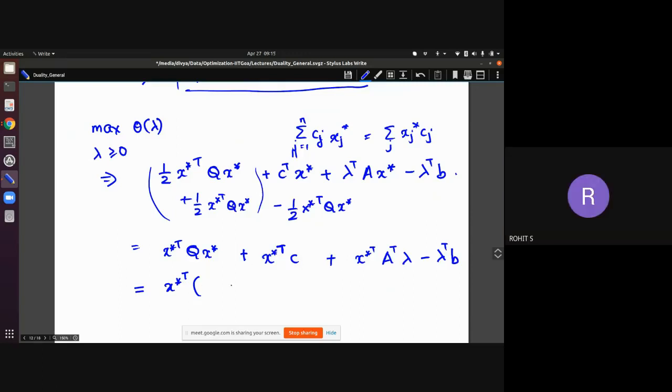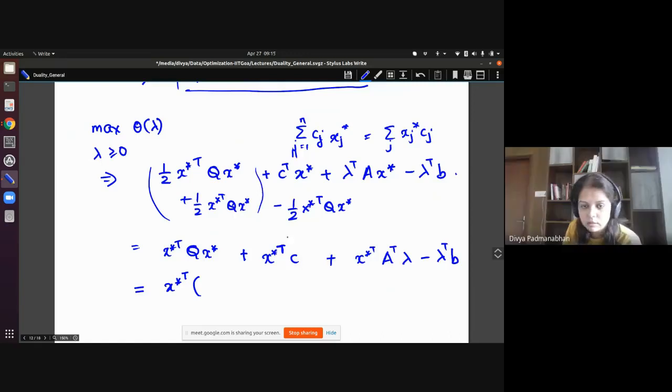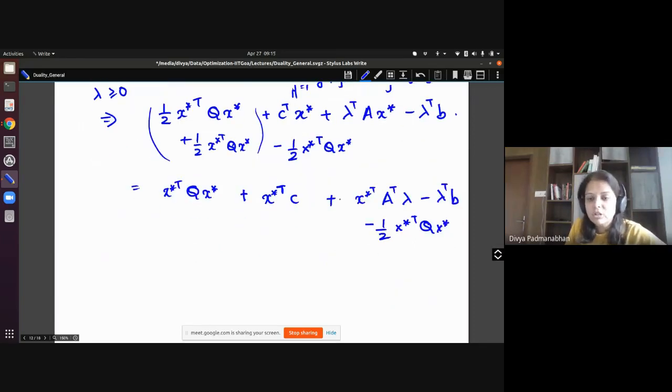Half x star transpose Q x star is there, so let me write this part once. There's one more half here, minus half x star transpose Q x star. I'm just going to club these together.